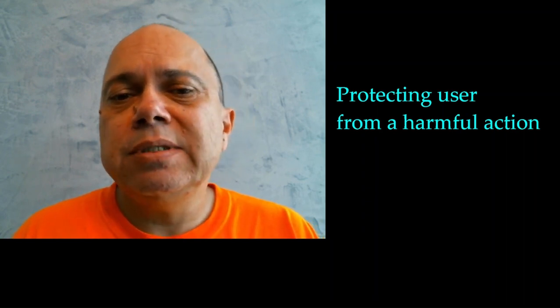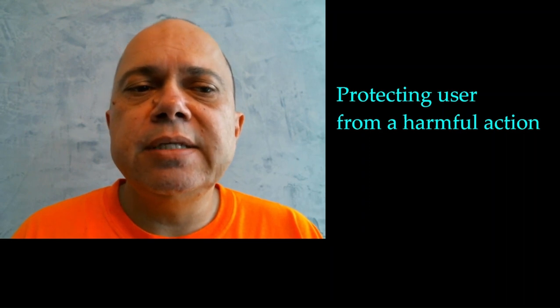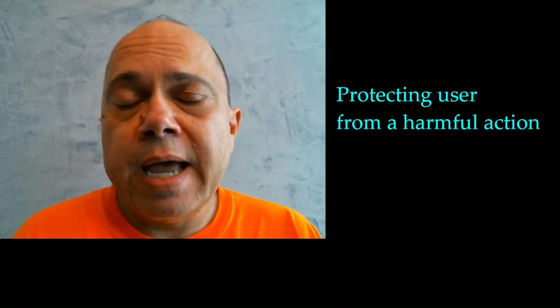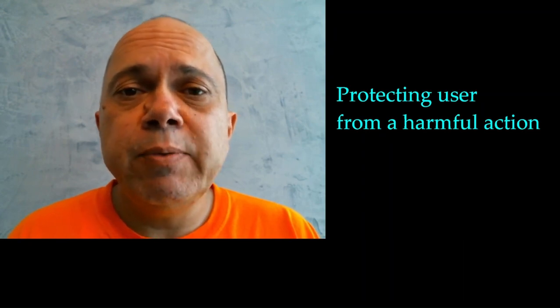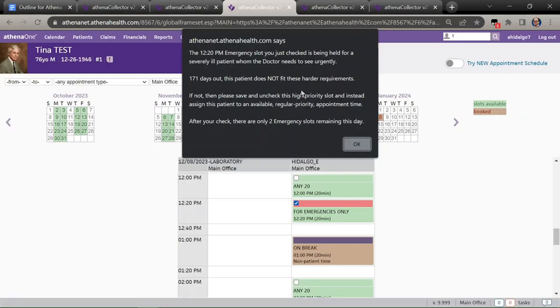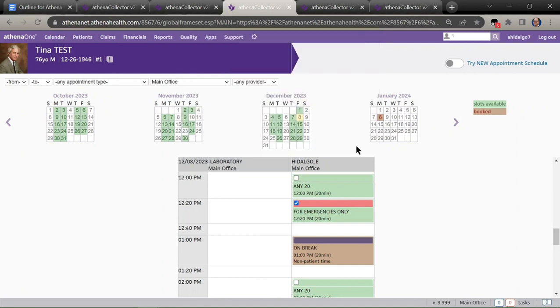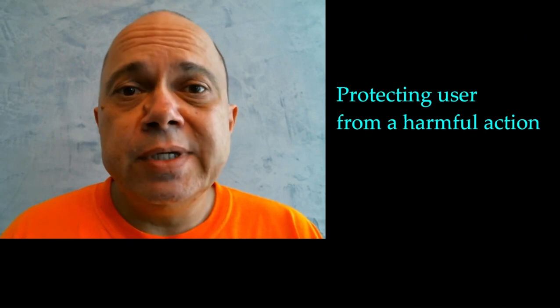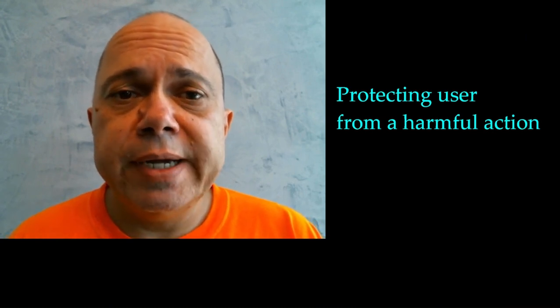But the nice, easy way to do it is just to actually weave it into the software and make the polite warning happen in a live manner like we have here. So if I go ahead and instead of this one, I change my mind, say you're right, I shouldn't be using this type of slot. I'm going to assign this person the 1140, which doesn't have such a warning. You can see that the problem goes away.